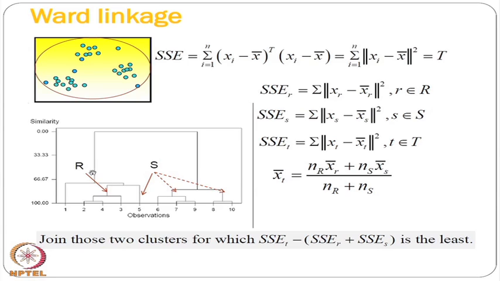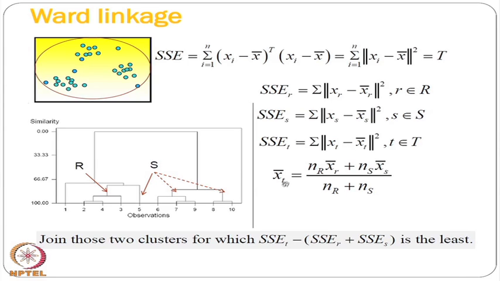Now, if I join R and S, where S is the fifth one, the resultant cluster will have the observations 2, 4, 3 and 5. Calling this resultant cluster T, you will find the SST considering the distances of these 4 objects, the sum total of this.